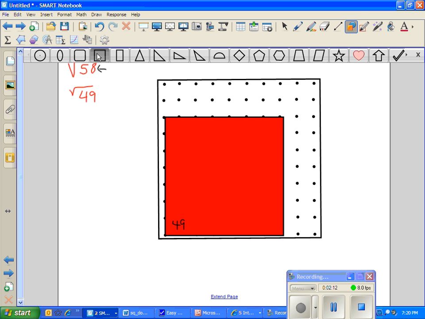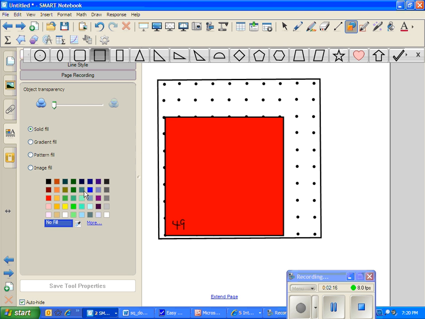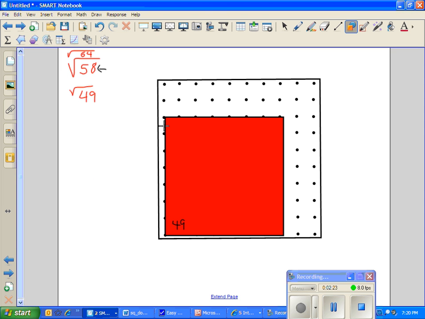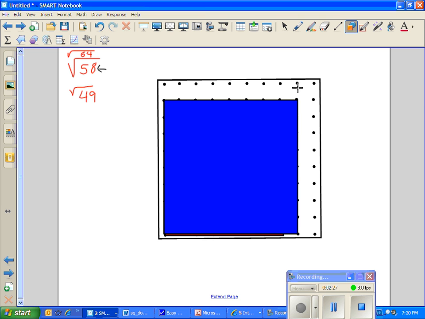If I make the other square a different color, let's pick blue, then that square would be there. And I'm going to make that go to the background so we can still see the red square.